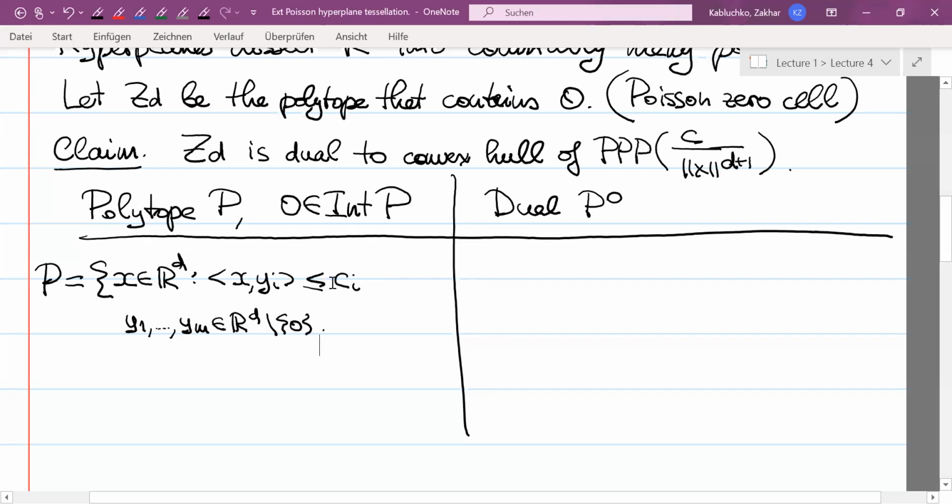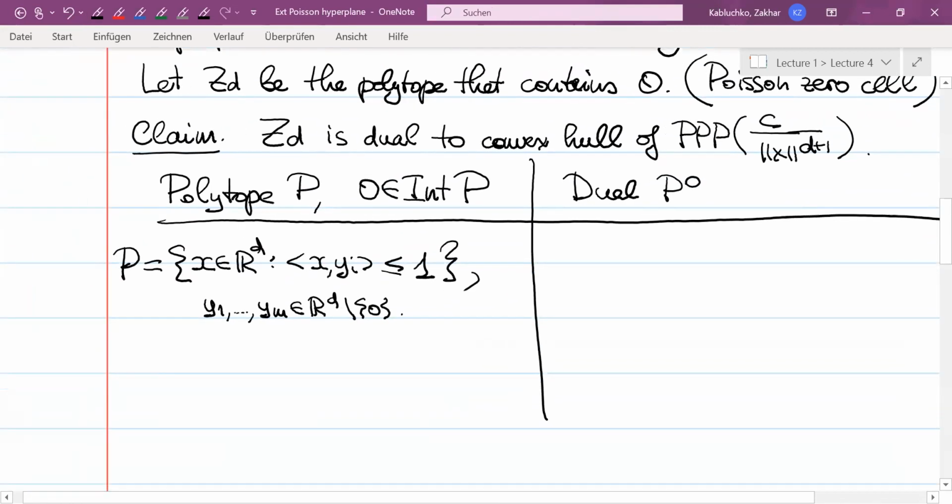And this means that I can divide by c_i, and I can write 1 here. So we can write 1 everywhere. And then P is defined as the set of solutions to this system of inequalities. This has to hold for all i.